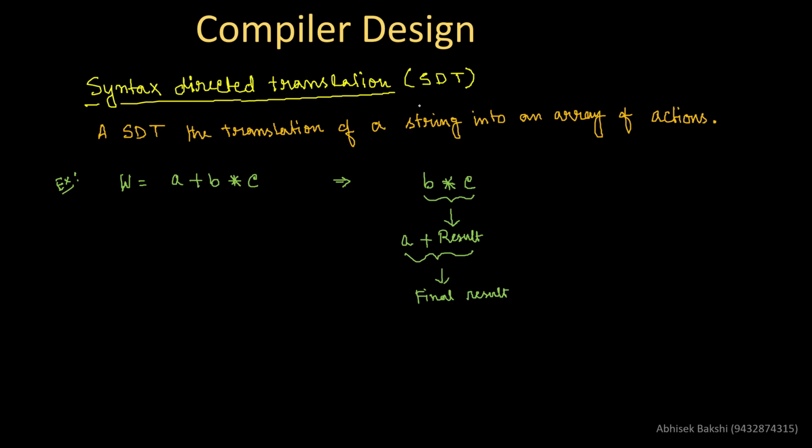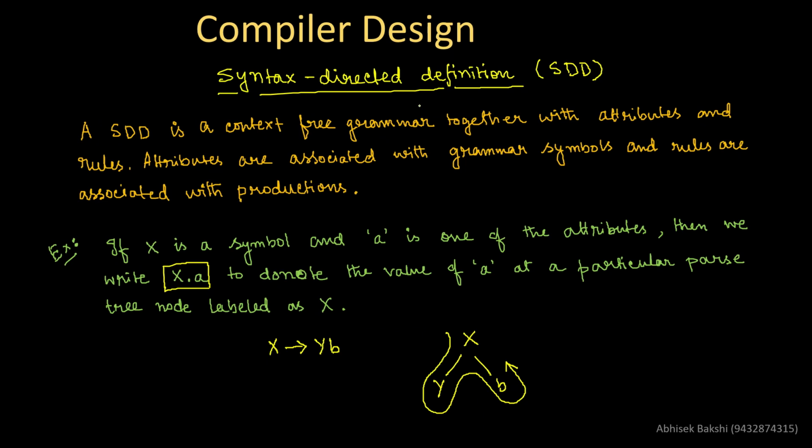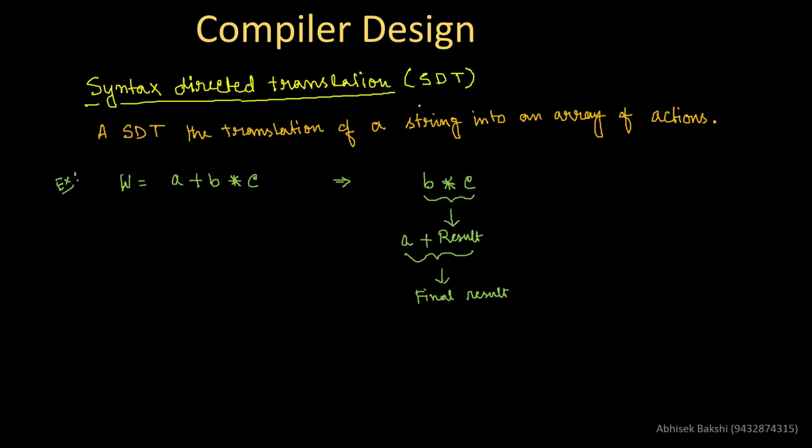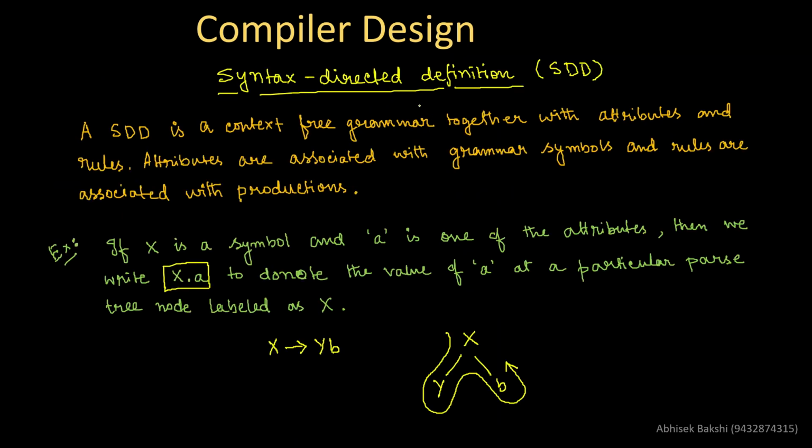So remember, one thing is clear: syntax directed translation and syntax directed definition are closely related with each other, because SDD represents, in a particular production rule, the grammar with the attributes and rules, and SDT says what should be the array of actions. But this array of actions definitely depends on these rules, right?